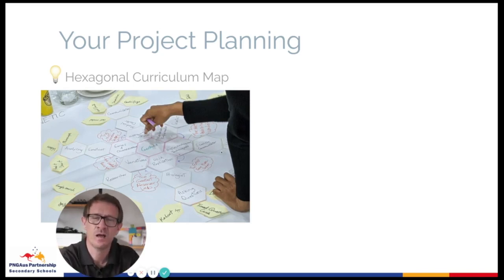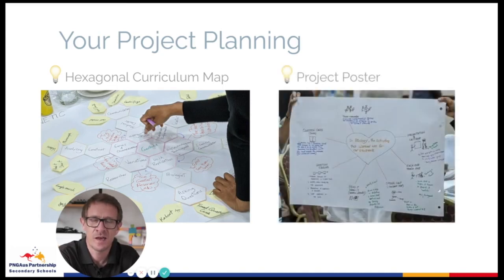The second part that you're going to work on during your project plan is a project poster, a way of communicating some of the other aspects of the actual project. It's almost like one of our sketch notes or an infographic, a poster that represents some of the other ideas to do with project-based learning and learner-centered pedagogies.